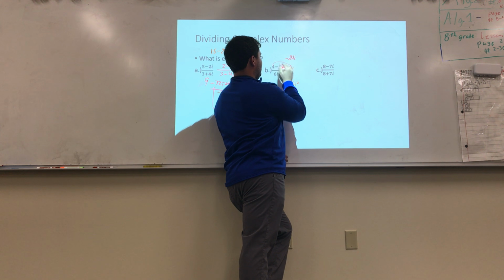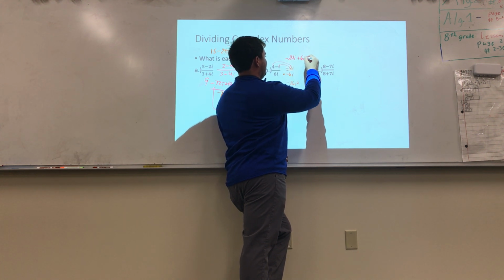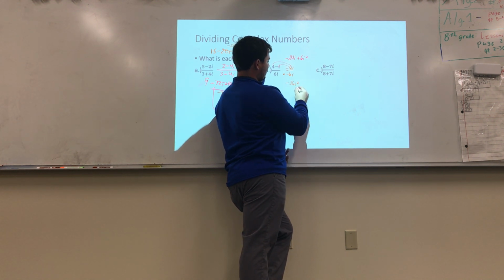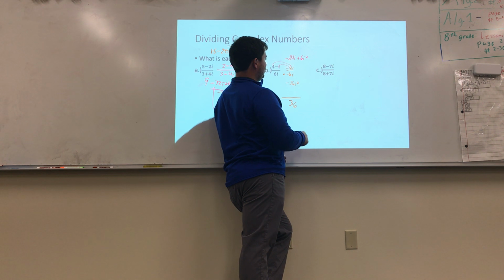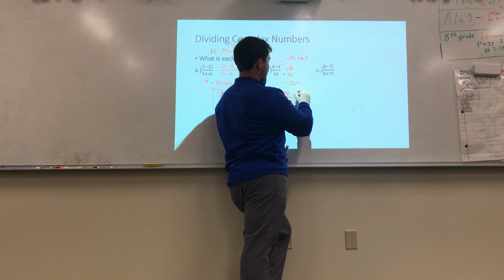When I distribute it here, I'm going to get plus 6i to the second. When I simplify that, I get 36. This over here is going to get me negative 24i minus 6.